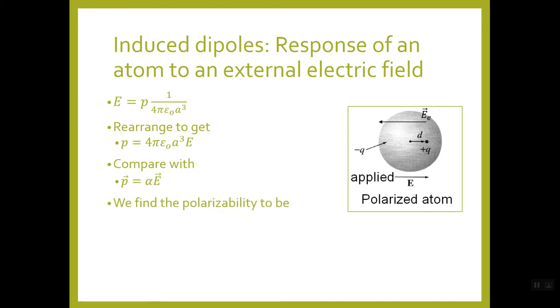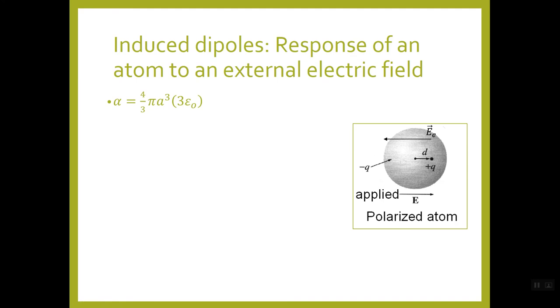So we find the atomic polarizability to be 4 pi epsilon naught times A cubed, A being the radius of the electron cloud. I'm going to multiply by 3 over 3, multiply by 1, so I can get 4/3 pi A cubed over 3 epsilon naught.